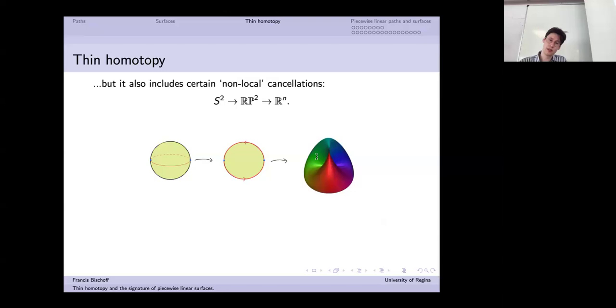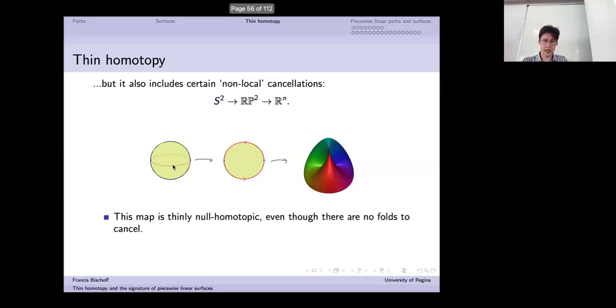So here's an example of a surface. I'm taking a sphere, projecting it to RP2 by identifying antipodal points, and then mapping it into Rn, possibly with an embedding. The claim is that this is actually thinly null homotopic, even though there might not be any folds to cancel. For example, this map could be an immersion, so there will be no folds to cancel.